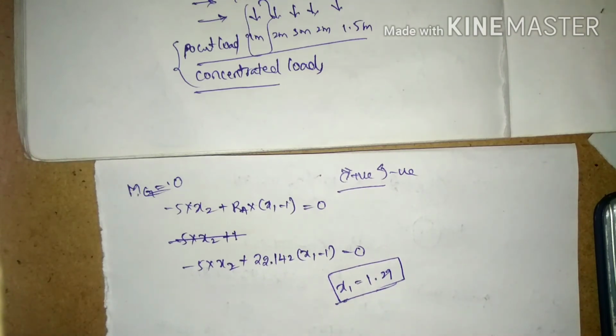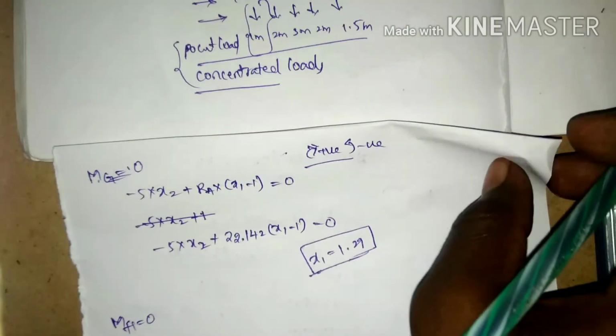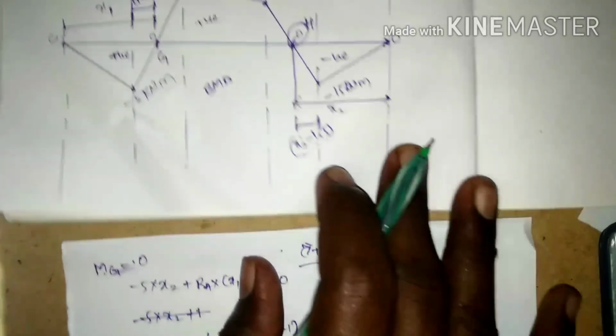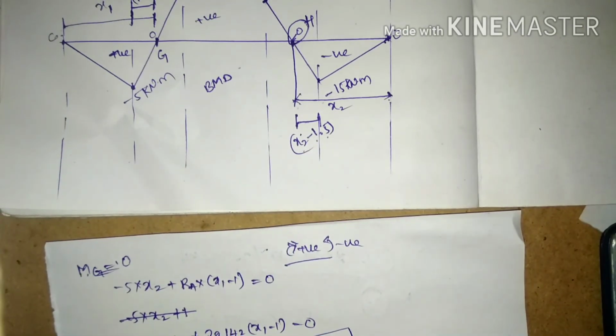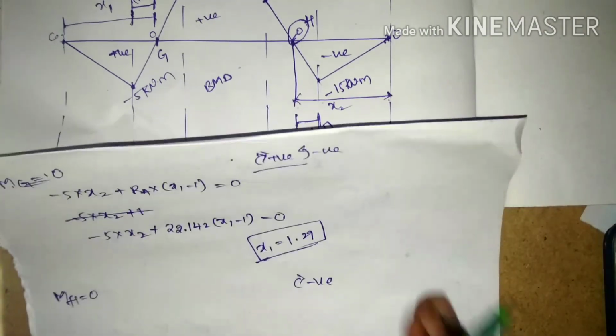And similarly, moment about H is equal to 0. That goes like this. Since we are taking from RHS, the sign convention is clockwise as negative, anti-clockwise as positive.